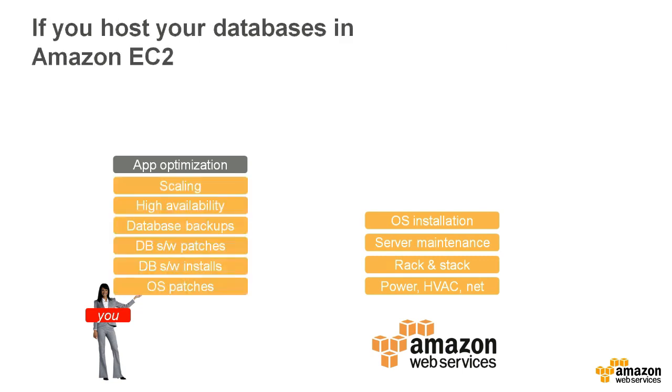But when you use an Amazon managed database service, you just need to optimize your app, provide data sets, or your rules or services, whatever you define for your application. You just need to code, test, or deploy, nothing else. Everything from scaling to database backup to software patches, OS installations, and network is managed by the AWS service.